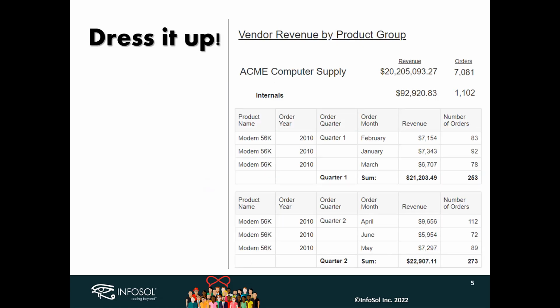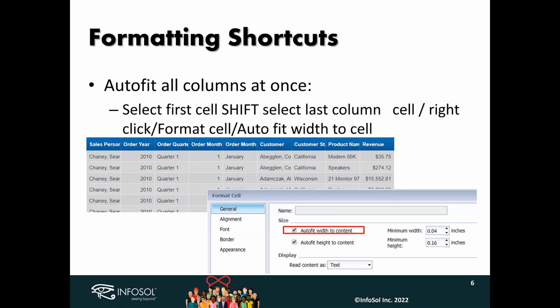All right, here's that same report, only with things lined up and aligned vertically, horizontally, and everything is much easier to read and looks much more presentable. All right, so one of the first things I want to talk about is some formatting shortcuts and how we can do this faster.